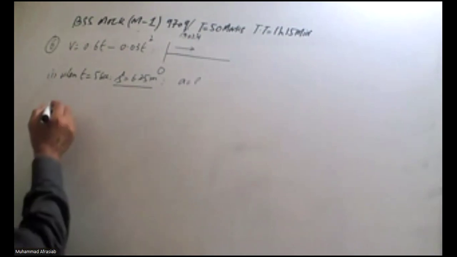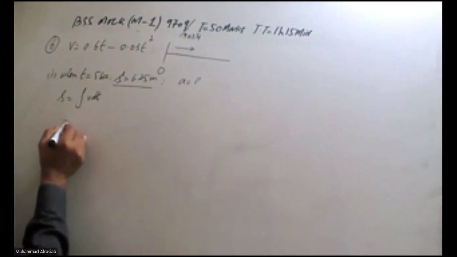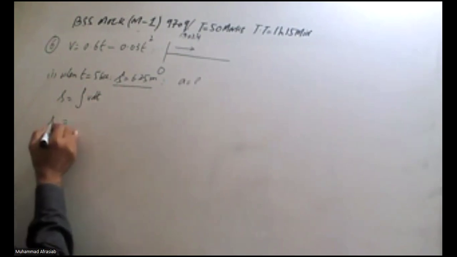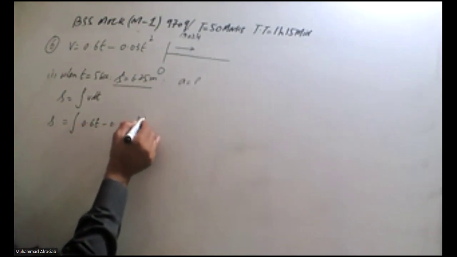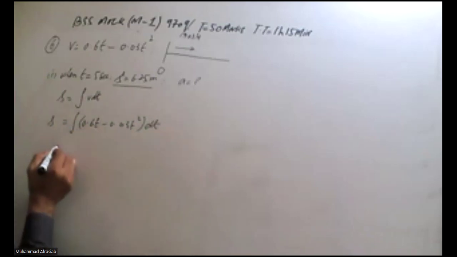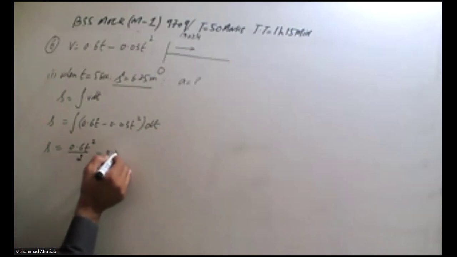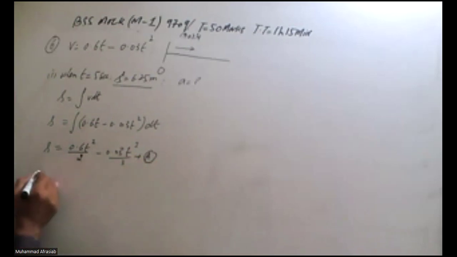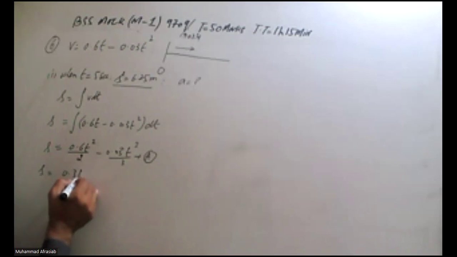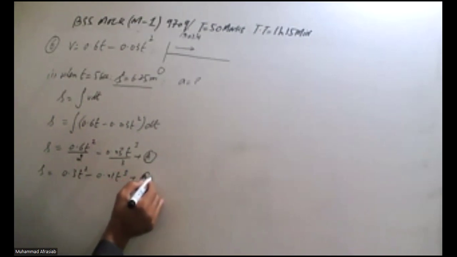We know that displacement s is the integration of velocity with respect to time. So s is equal to the integration of 0.6t - 0.03t² dt. This becomes s = 0.6t²/2 - 0.03t³/3 + a, where a is the constant of integration. So s = 0.3t² - 0.01t³ + a.